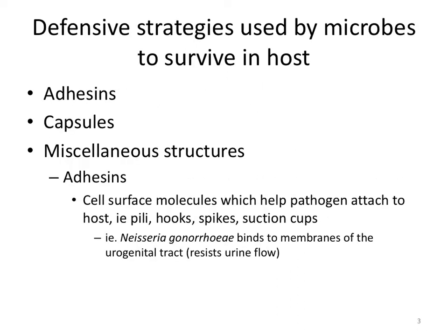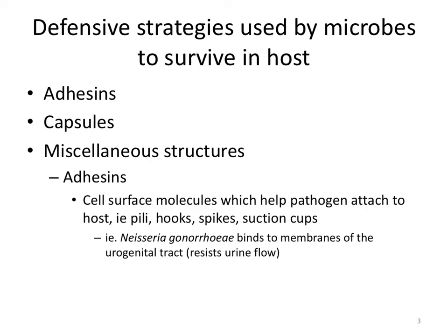Defensive strategies used by microbes to survive in a host can include adhesins, capsules, and a variety of miscellaneous structures. Adhesins are cell surface molecules which help pathogens to attach to the host. For example, pili, hooks, spikes, and suction cups. An example of a pathogen that utilizes adhesins is Neisseria gonorrhoeae.